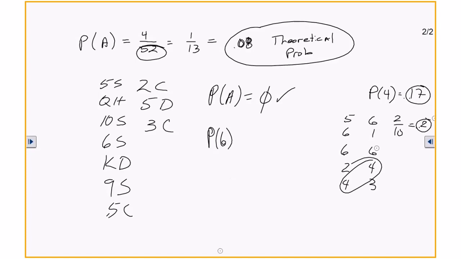All right, roll it 10 times, and let's write down what we got. Roll it. 1, 4, 1, 4, 5, 1, 6, 1, 6, 3.